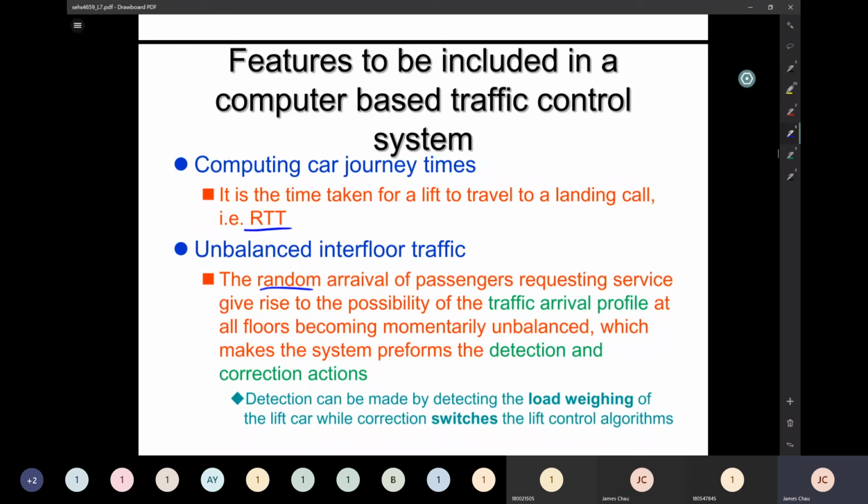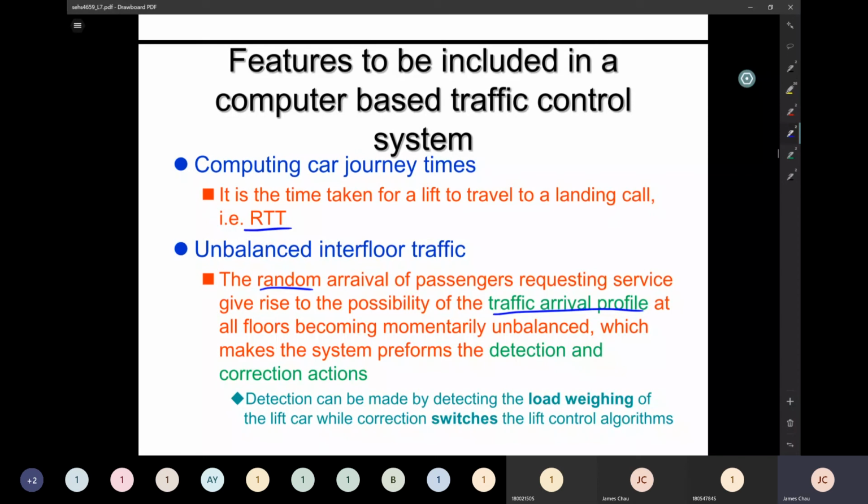Therefore, we may collect the traffic profile from the building in order to find the best solution to serve the traffic. For example, if you are going to analyze the lift traffic in the Hong Kong Bay campus, you may collect the number of passengers inside the lift, the time, and also the floors they travel. Then you can make a database, and develop your algorithm according to this data in order to best serve our lift traffic.